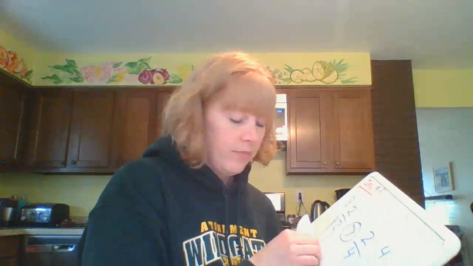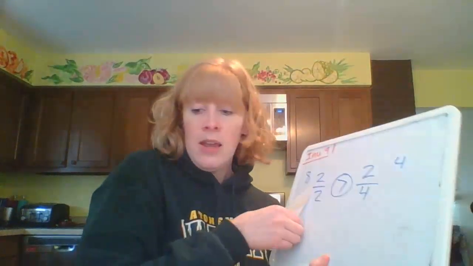Now we're going to look at number 10, which is going to help illustrate number 11. Number 10 says 4/8 and 3/8. So I'm going to compare 4/8 and 3/8.